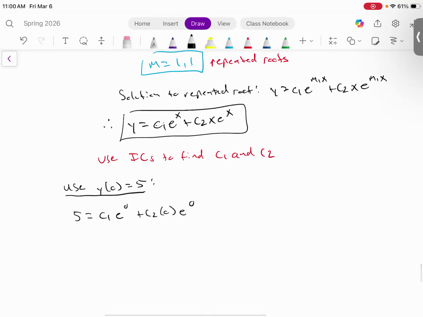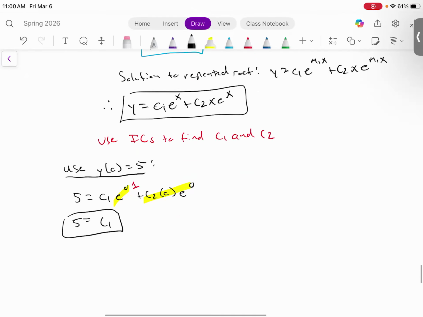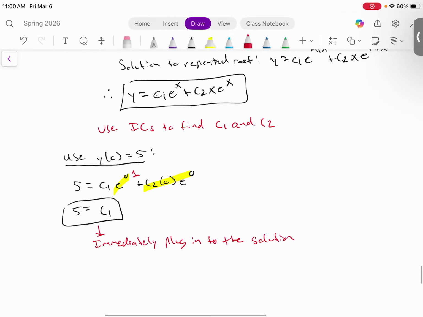And this works out nicely. That just goes to 0. E to the 0 is 1. So basically, C1 just equals 5. So I got my first constant, and what I want to do is immediately plug it right back into my solution.